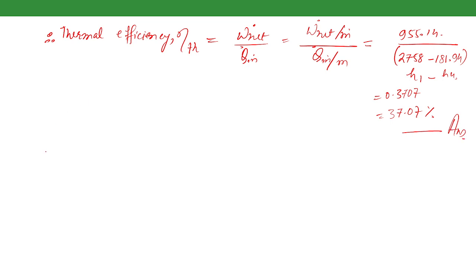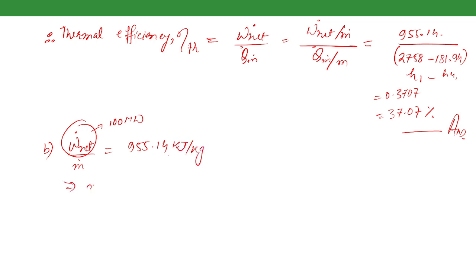Okay, the net work done per unit mass is 955.14 kilojoule per kg. The net work is given as 100 megawatt. So what is m dot? M dot is 100 into 10 to the power 3 by 955.14.